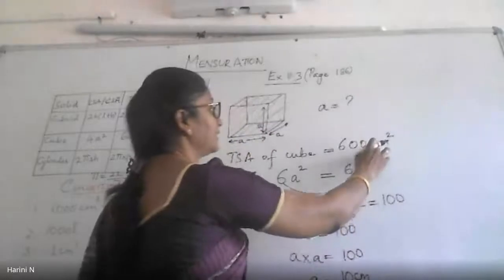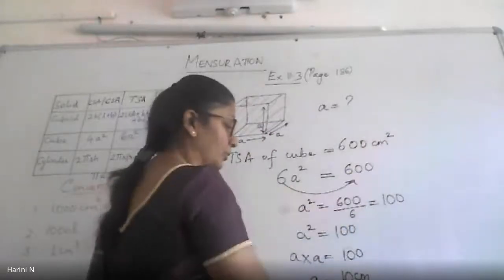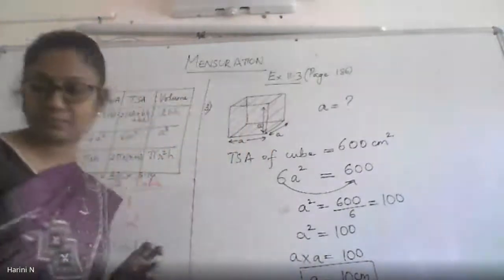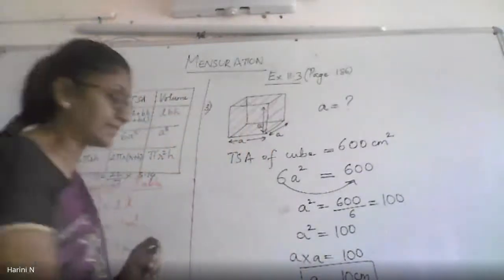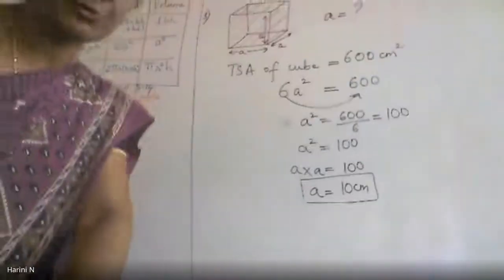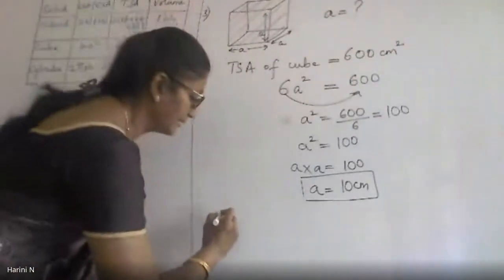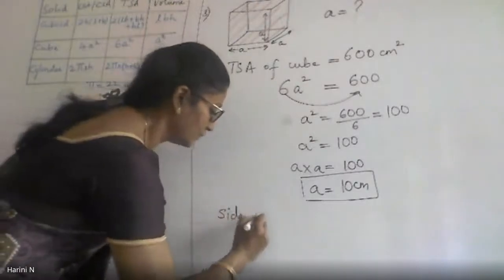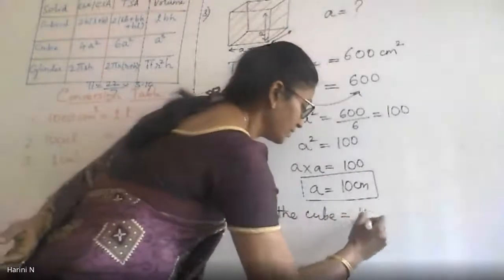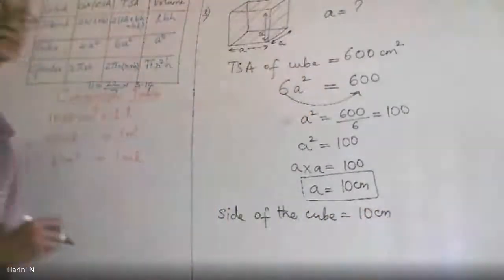Because my area is given in centimeters square. So the edge of the cube will be 10 centimeters. You should denote the answer in the end: the side of the cube is equal to 10 centimeters.